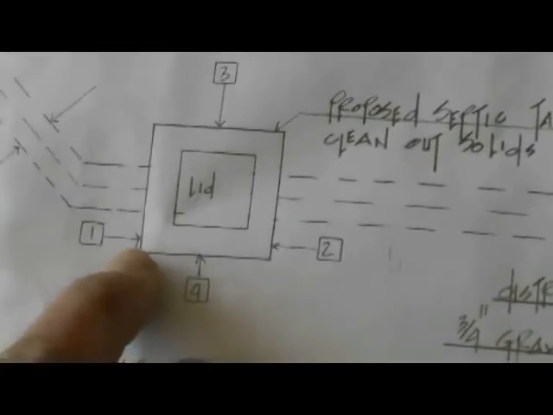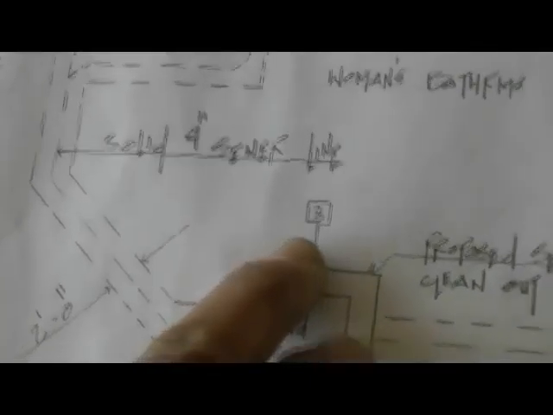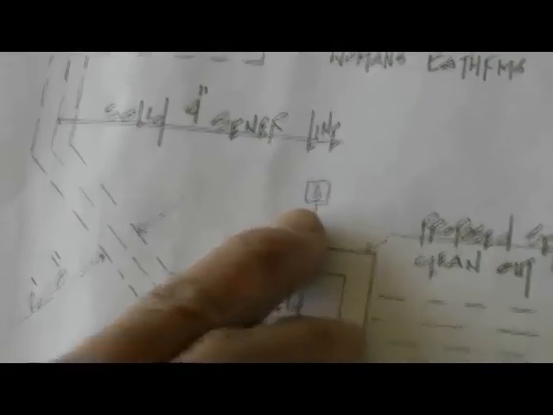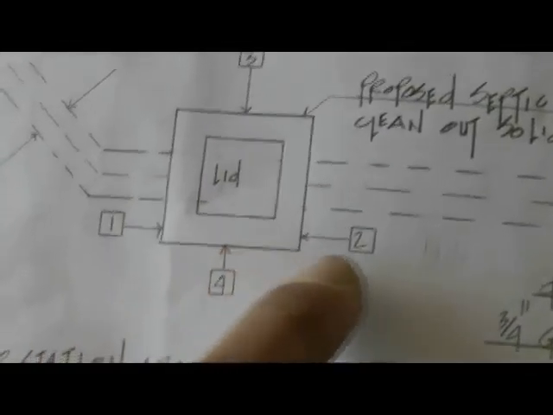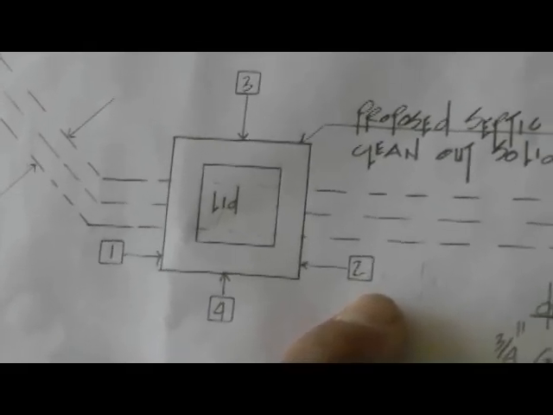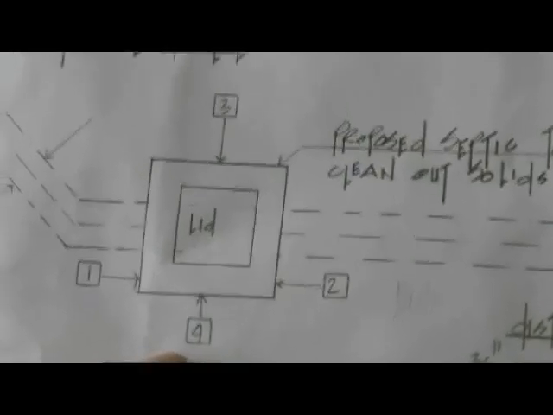Now, it's primarily concrete. This is section 1, section 3, section 2, and section 4. Section 1 and 2 will be constructed first. Then section 3 and section 4 will be constructed second. That detail is on sheet 2.